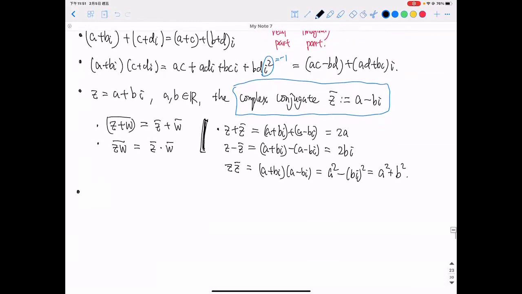Now here's an important definition coming from this equation, z z bar equals a squared plus b squared.